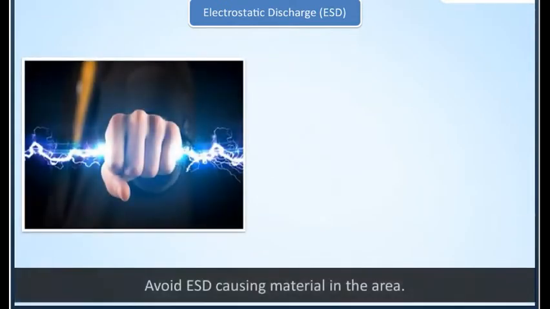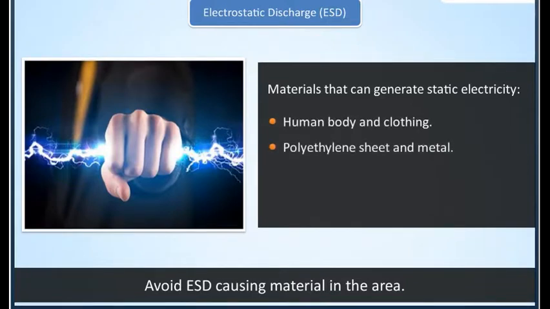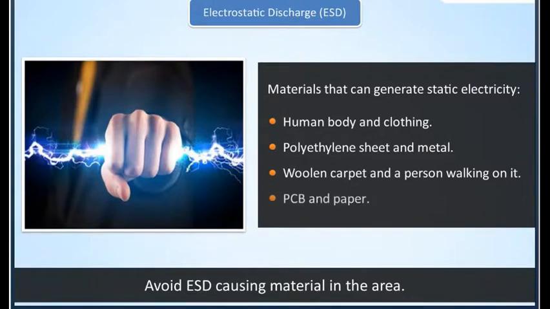Any material rubbing against any other material generates static charge. These materials are called capacitors, and they can be the human body and clothing, polythene sheet and metal, woolen carpet and a person walking on it, or PCB and paper.